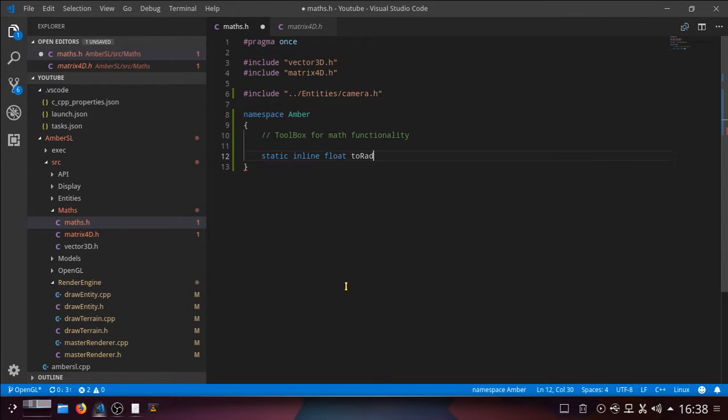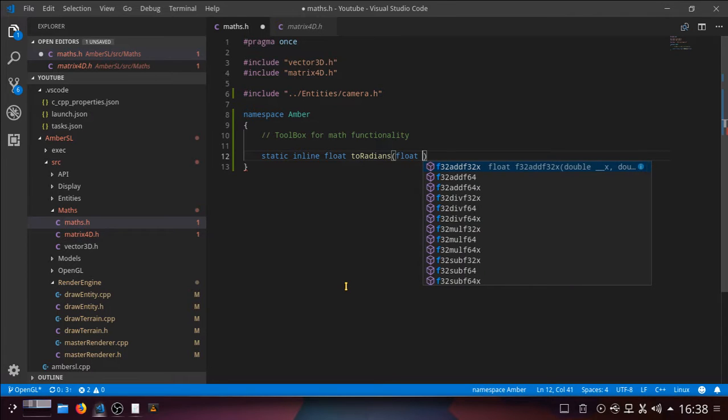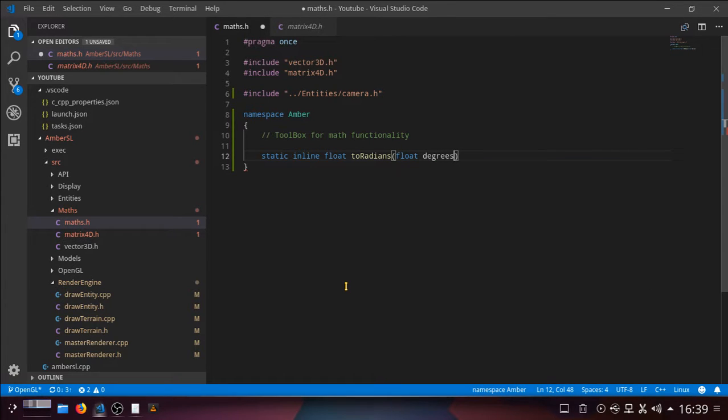A lot of maths uses radians, and humans like to use degrees, so we'll give them ToRadians free of charge. How's about that? Float and whatever's in degrees. Yeah, it looks right. Yeah, that's okay.